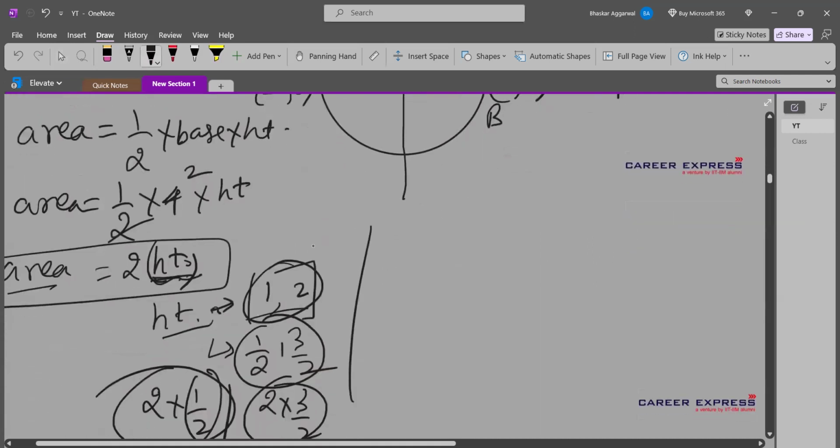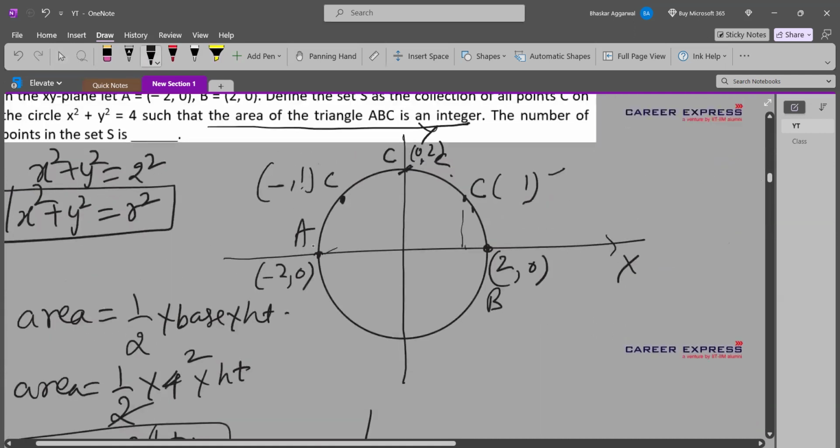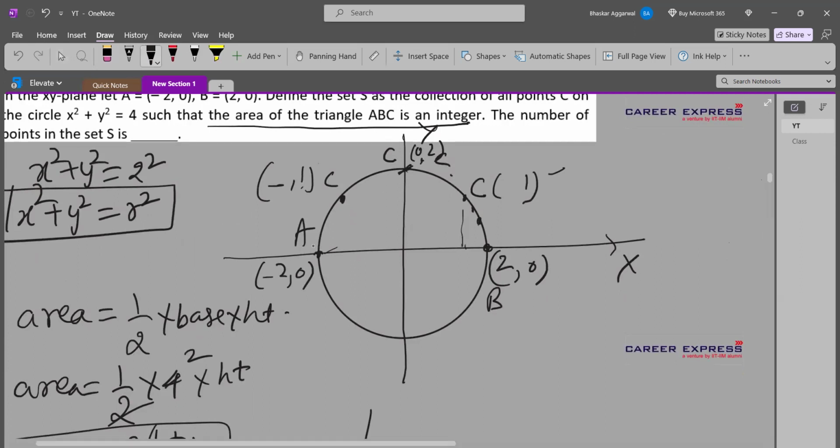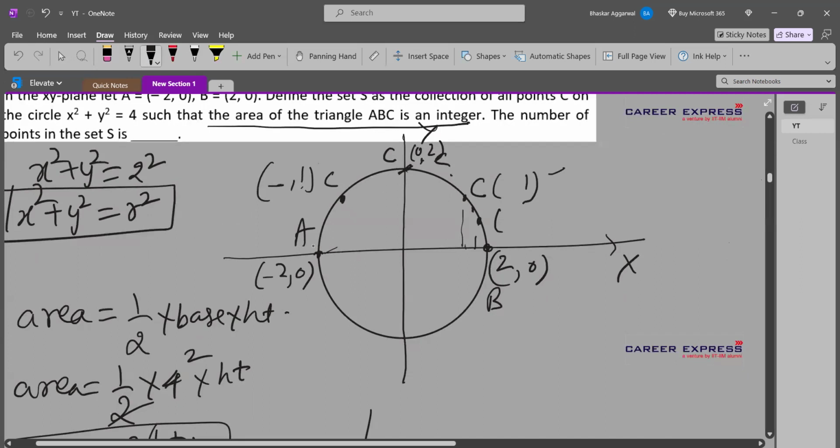Now value of y can also be a fraction, 1 by 2 or 3 by 2. So y can be 1 by 2. So this can also be a possibility. This can be point C where the y coordinate is 1 by 2. And this can be a possibility where the y coordinate is 3 by 2. Right? And corresponding to them, there will be two more points on the left side of x-axis where y coordinate will again be 1 by 2 and 3 by 2.